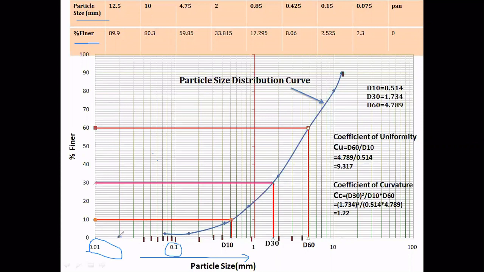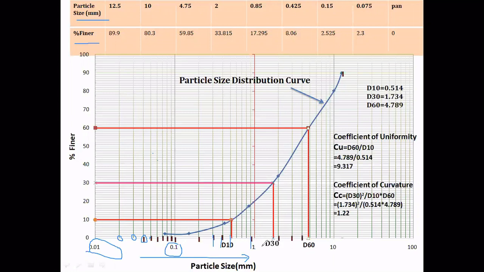From 0.01, this will be 0.02, then this is 0.03, 0.04, 0.05, 0.06, 0.07, 0.08, 0.09, and then this is 0.1. Then again, in between 0.1 and 1, this is 0.2, 0.3, 0.4, 0.5, up to 0.9, and this is 1.